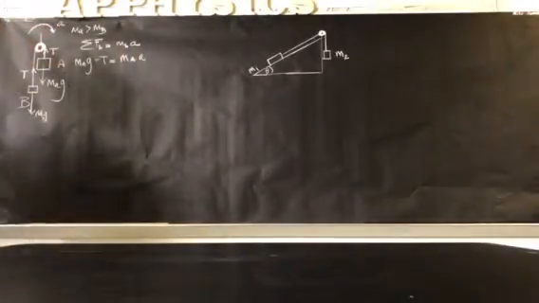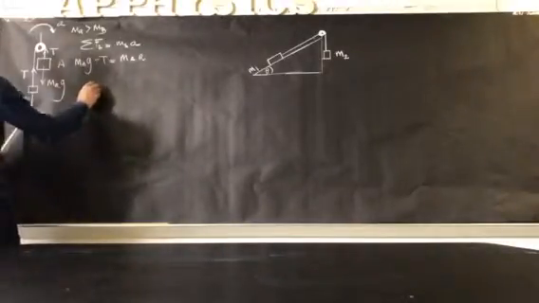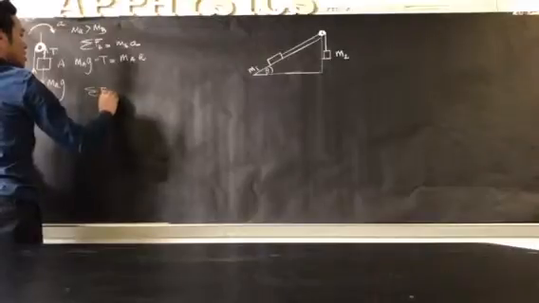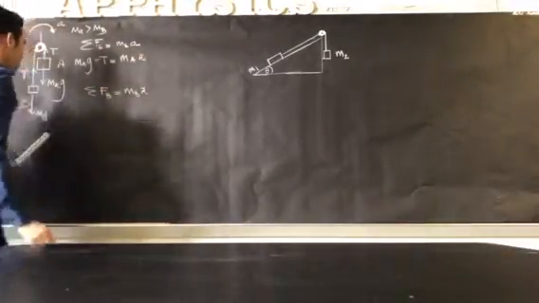And now we're taking box B only into consideration. The sum of the forces on B is equal to mass B times acceleration.